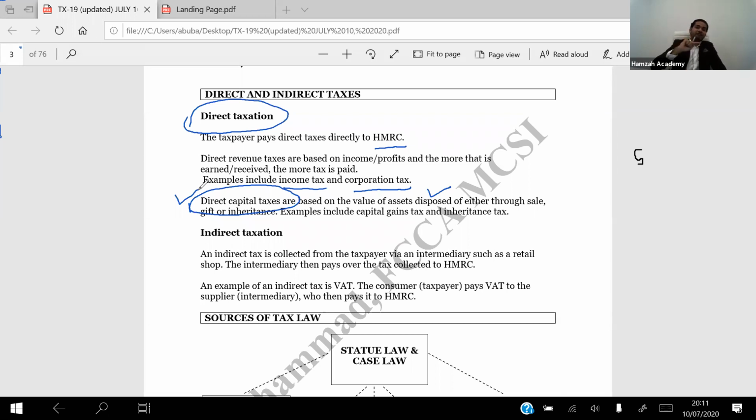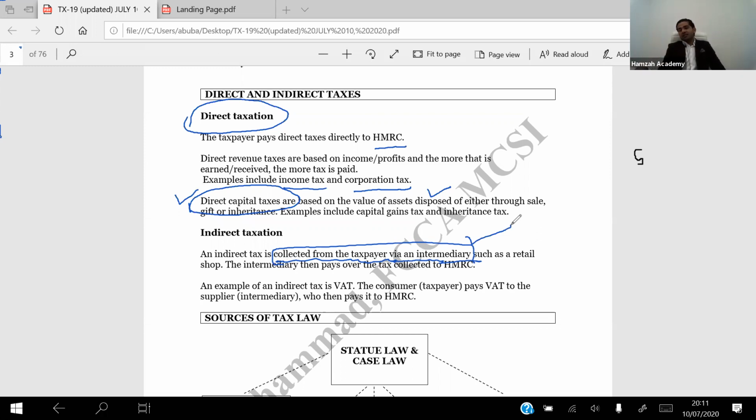Indirect tax is when the tax is collected from the taxpayer via an intermediary. What is an intermediary? Or why do we call it indirect? The sole reason is, I'm going to put the same example again.